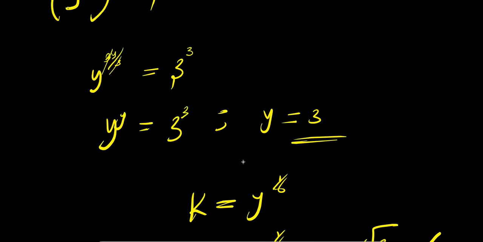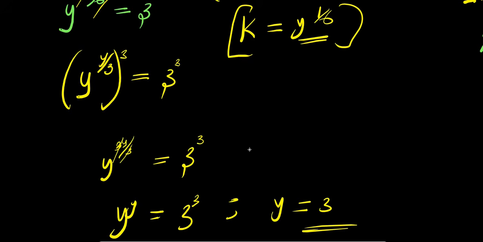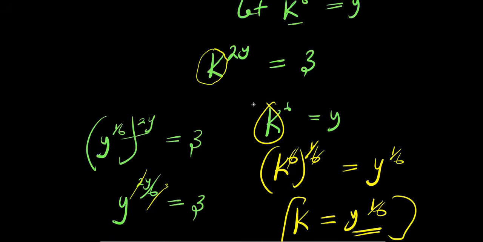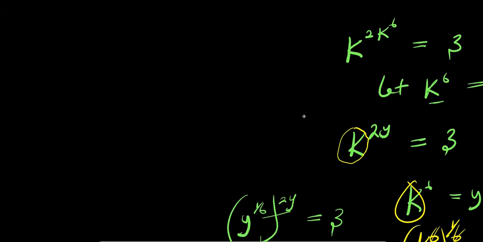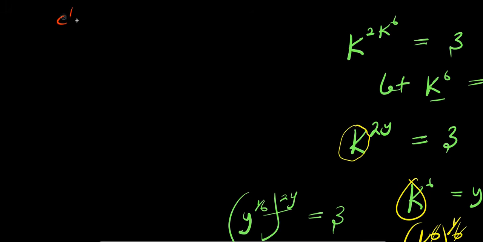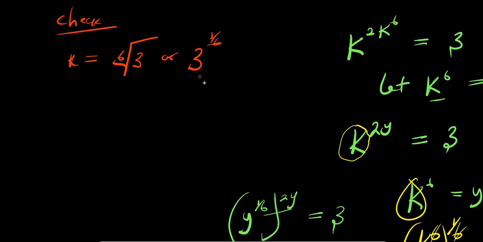So guys, that is it. And this is how you can solve this exponential problem. You can check. You have k equals the 6th root of 3 or 3 power 1 over 6. Now, it's just left for you to insert this value for k.